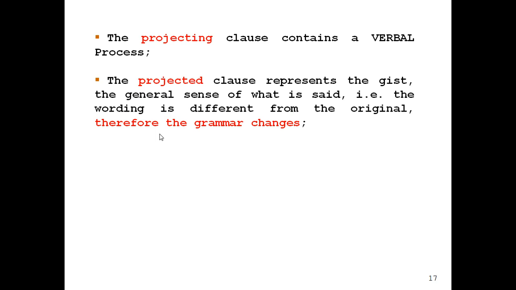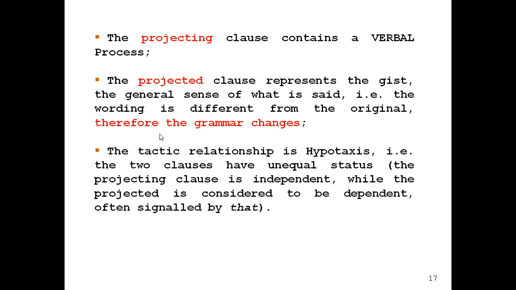Okay. So once again, we have a verbal process, but what happens here is that the speech is not quoted literally, and it doesn't pretend to be so. It is summarized in a way. So that makes the grammar change, and in particular, what changes is the tactic relationship.